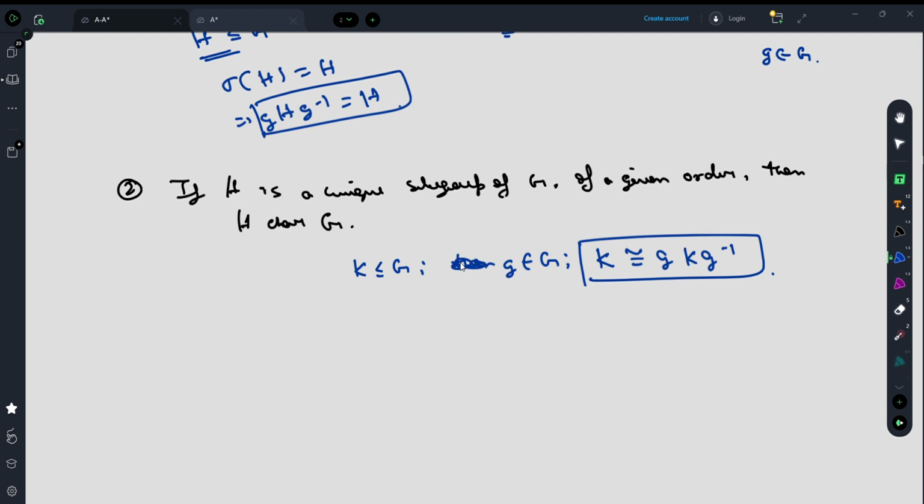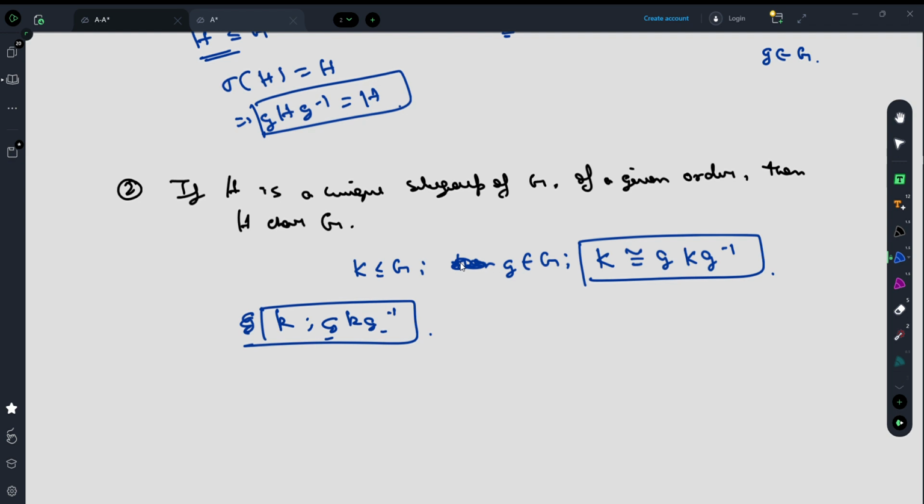These observations are dealt with in the lecture on automorphisms. We just require the concept of inner automorphisms here, and the fact that the orders of elements of K and G K G inverse for any element G in capital G are the same.